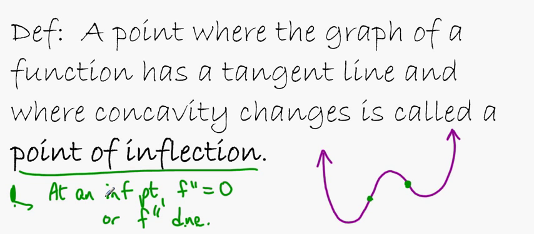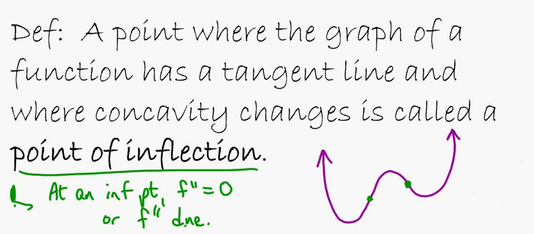The logic goes one way. At an inflection point, we expect f double prime to be 0 or not to exist. But if f double prime is 0, that does not necessarily mean we're dealing with an inflection point, because we could take a look at the graph of x to the 4th, whose second derivative is 0 right there, but that is clearly not an inflection point.